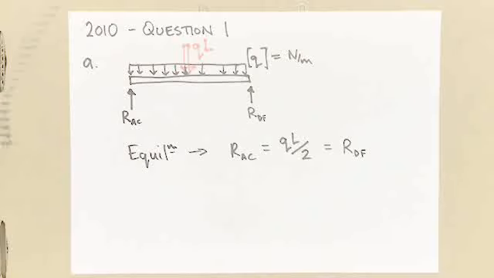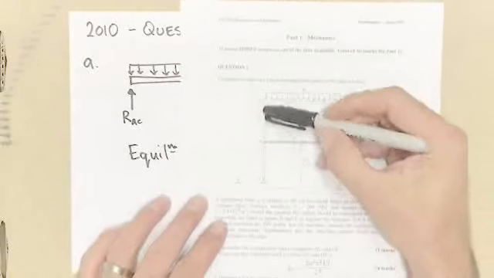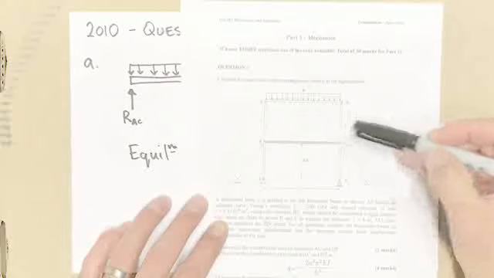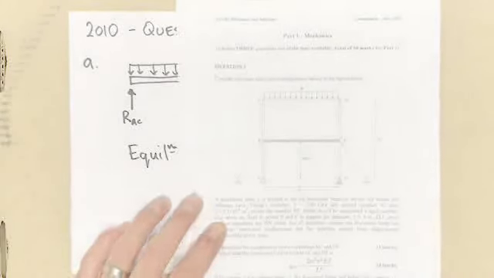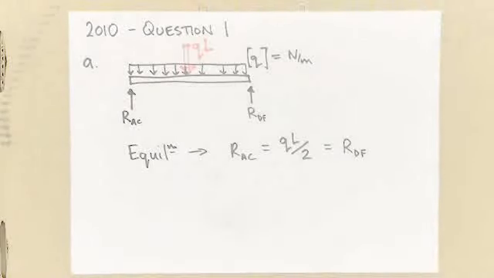So the load in both of the vertical columns is QL on 2. That is, the load in these columns is QL on 2. Okay, so that's part A done.